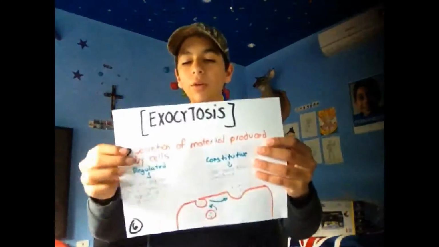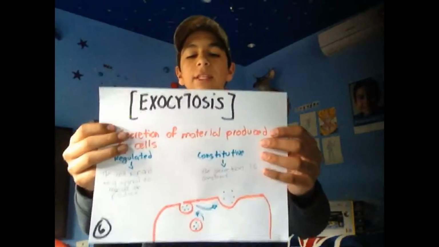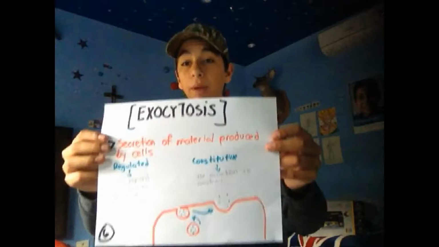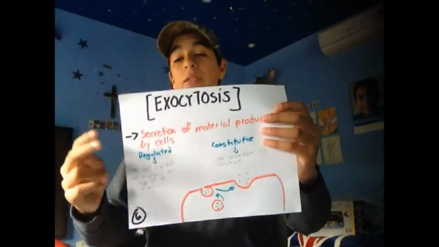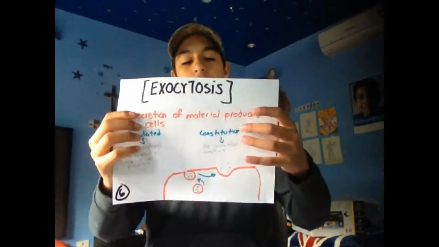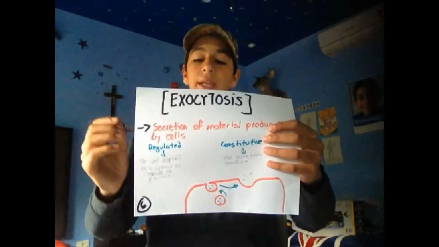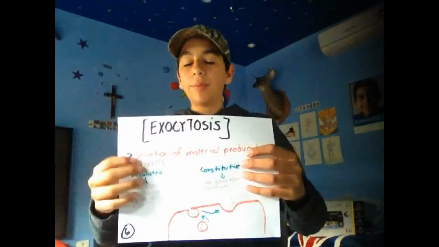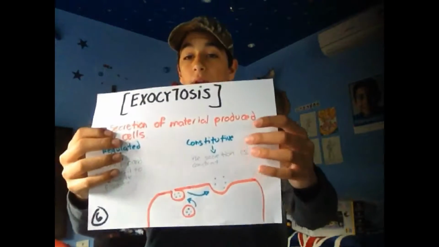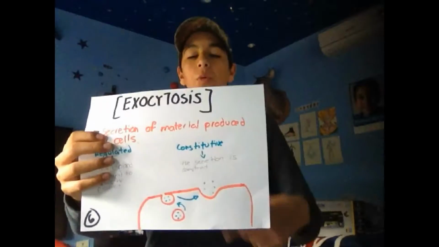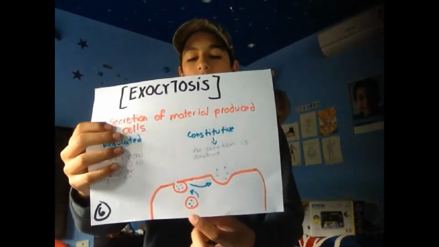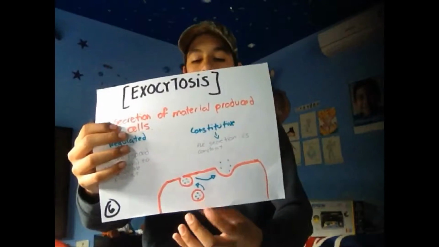And then exocytosis is the other way around, that is the secretion of material produced by the cell. It also splits into regulated and constitutive. The regulated is that the cell responds to a signal to release that product or waste, and in the constitutive, the secretion is always constant, and we can see how the fluid or the solid is going out of the cell.